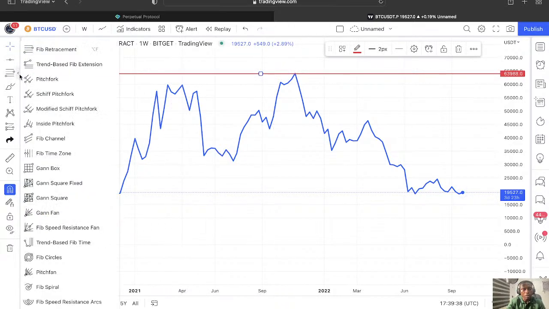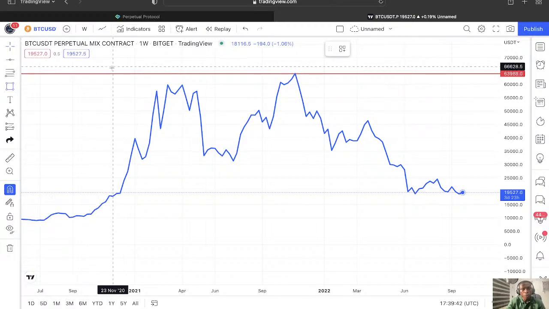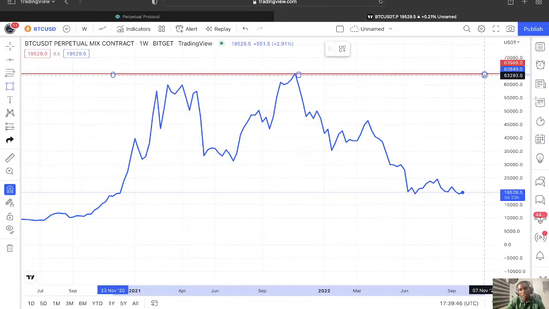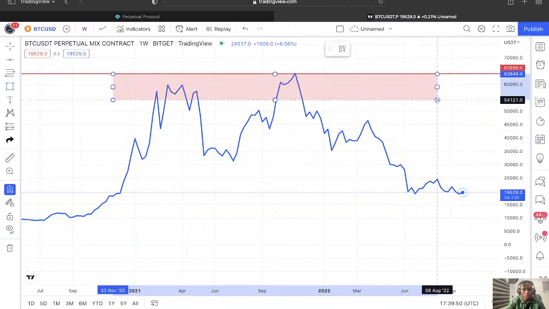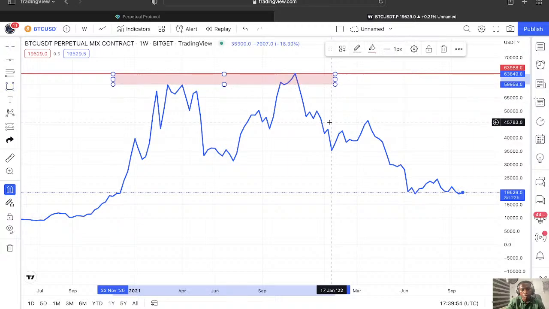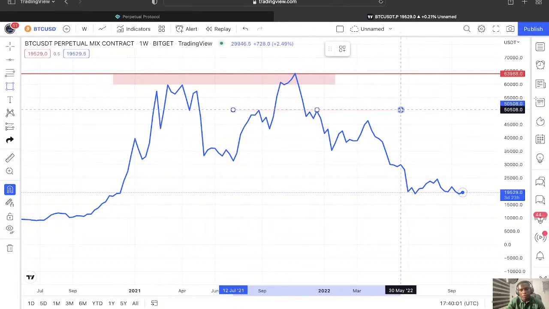Okay, so you can say that on this level we have some resistance here, this region's resistance. And then this region as well, we have resistance here.